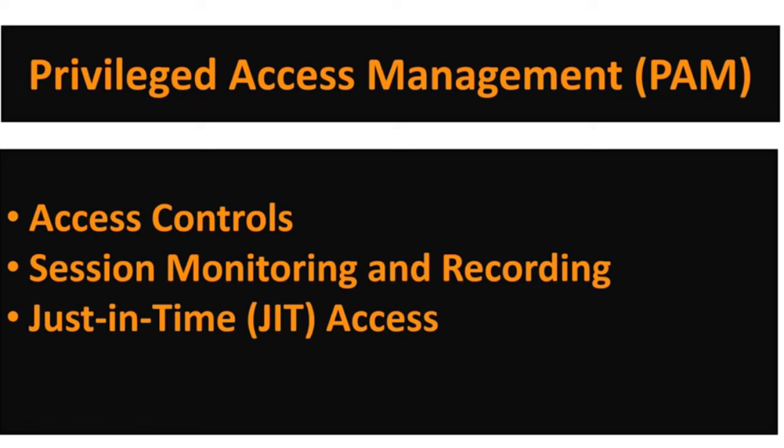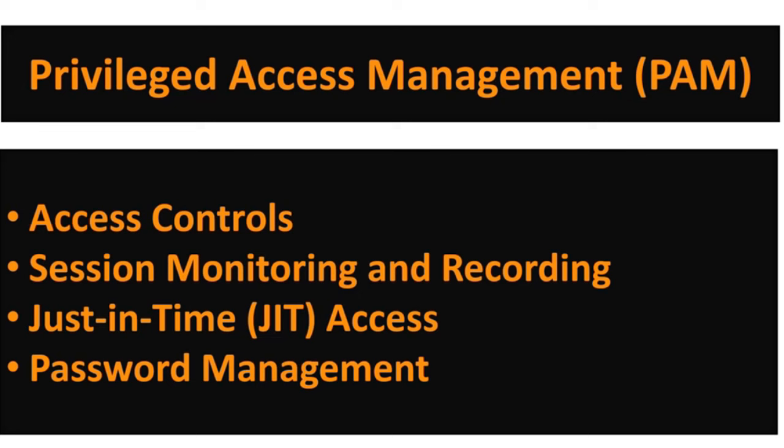This grants temporary privileged access as needed, and it reduces the window of potential exposure because it is temporary. Next is password management. This ensures secure storage, rotation, and generation of privileged account passwords. Let's consider another example.